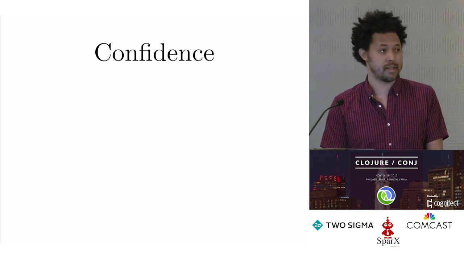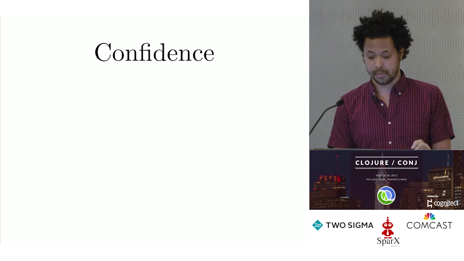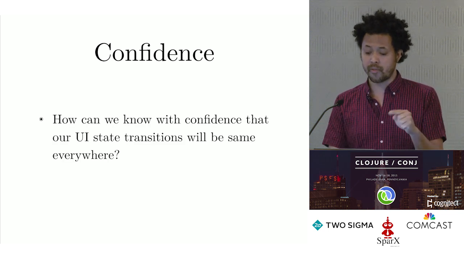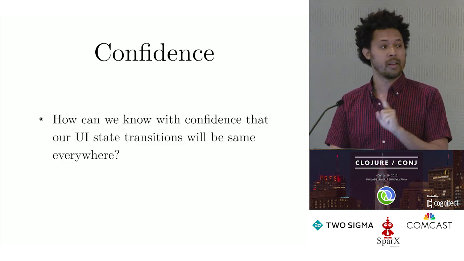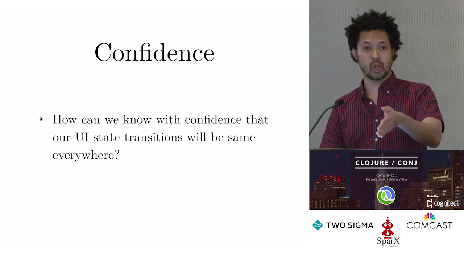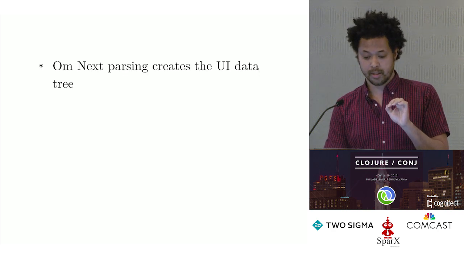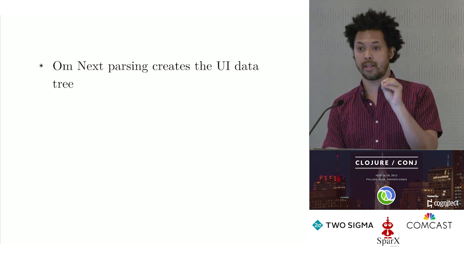But how can we gain confidence? We know why it's hard, but how does what I just showed make it any easier? How can we know with confidence that our UI state transitions are going to be the same everywhere? Well, what did I just say? Parsing gives you the UI data tree, right? So functional programming is going to rescue us. Next parsing creates the UI data tree.